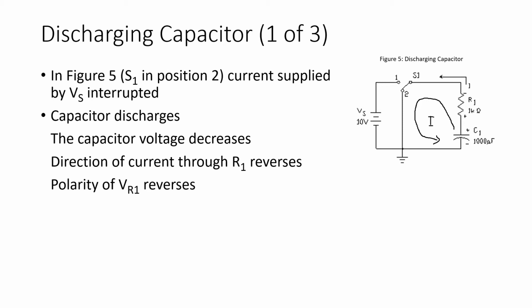Now current is flowing away from ground through R1. And of course, if the direction of current through R1 reverses, the polarity of VR1 will reverse also. So note in figure 5, the polarity of the voltage across R1 has changed to negative to positive with respect to ground.